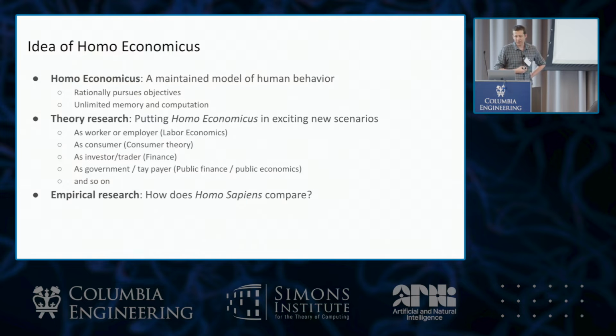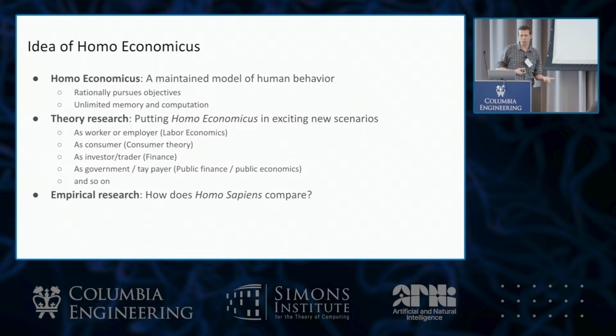The idea here, and this was my emerging thinking: if you take what economists do, a canned description of economics, they have this maintained model of human behavior, this homo economicus idea that they rationally pursue objectives, with unlimited memory and computation. And then most theory research or applied theory is, let's take this model and put it in different settings.